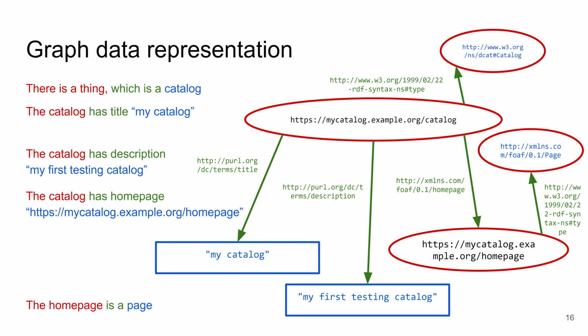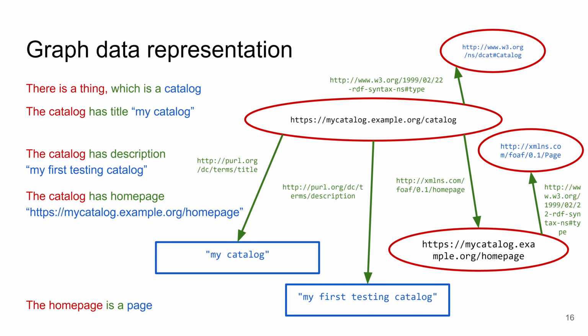The things in the graph, the nodes, are identified by IRIs. The edges are also identified by IRIs. And the values are either simple values like the text, my catalog, or my testing catalog, or they are other things like the page, or the type page, or the type catalog.